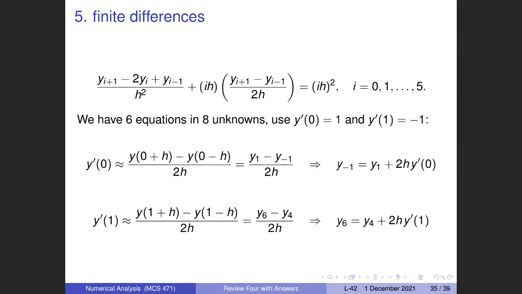This then turns into a system of linear equations where we use the boundary values to turn this into a completely determined system. So we have 6 unknowns, we will have 6 equations. So eliminating or using the derivatives, the given derivatives here.